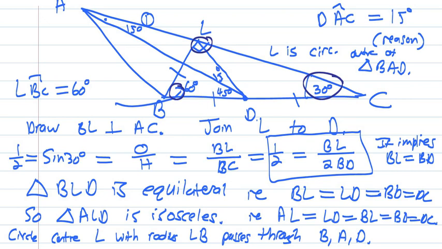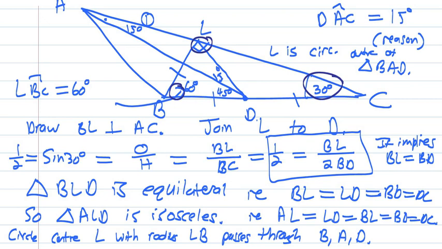If you have a question, say it in the chat or unmute. And so we have now discovered quite a lot about this diagram, and we are in a good position to be able to solve this question.